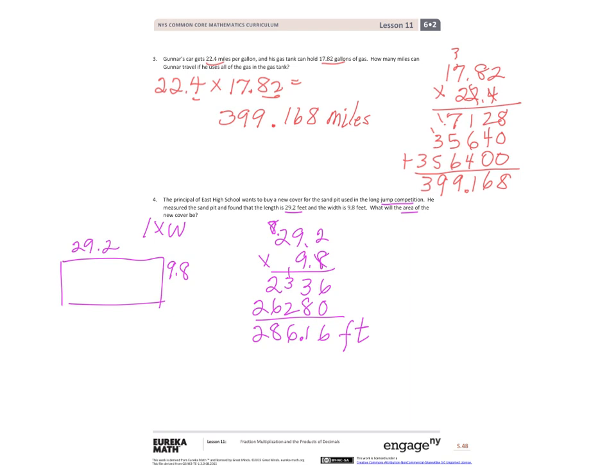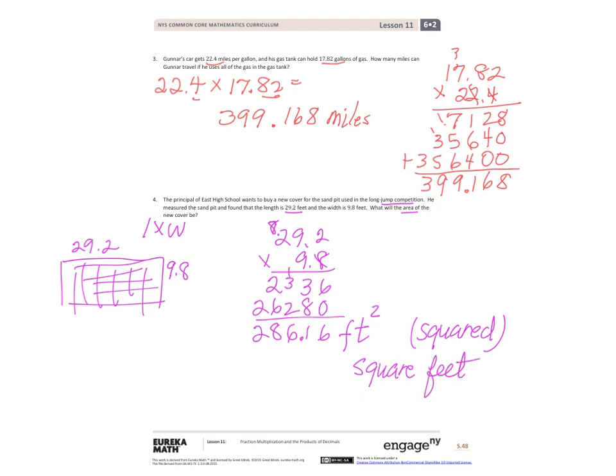Oh, but for area, don't forget that you've got to make it squared, or you can also write the word squared. Or you could also say square feet. You could also throw that in. Okay, so we're looking good on this.